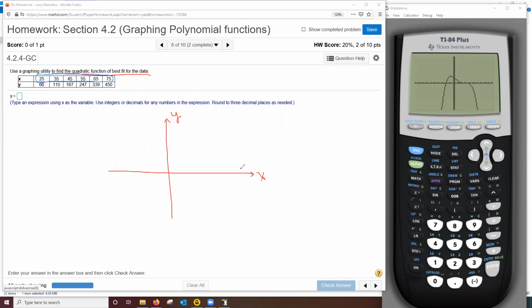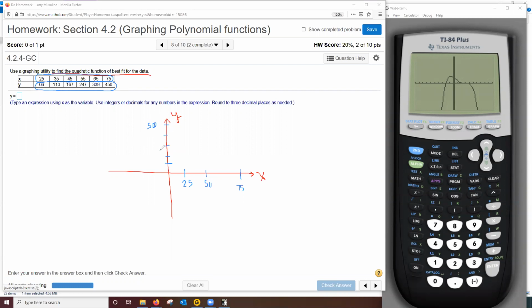So I'm going to make this horizontal go from 25, 50, 75. I'm just doing a quick graph here because I want to get a sense of what this graph might look like. The vertical scale is going to about 500, let's say. So I'm going to make this 100, 200, 300, 400, 500.